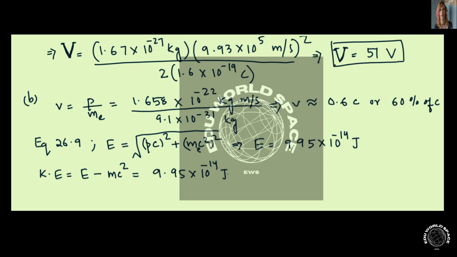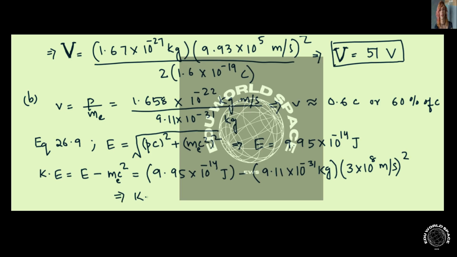This is the value of total energy minus mass of the electron, which is 9.11 times 10 to the power minus 31 kg, and the velocity is 3 times 10 to the power 8 meter per second. And we take a square and find the kinetic energy to be around 1.391 times 10 to the power minus 14 joules.